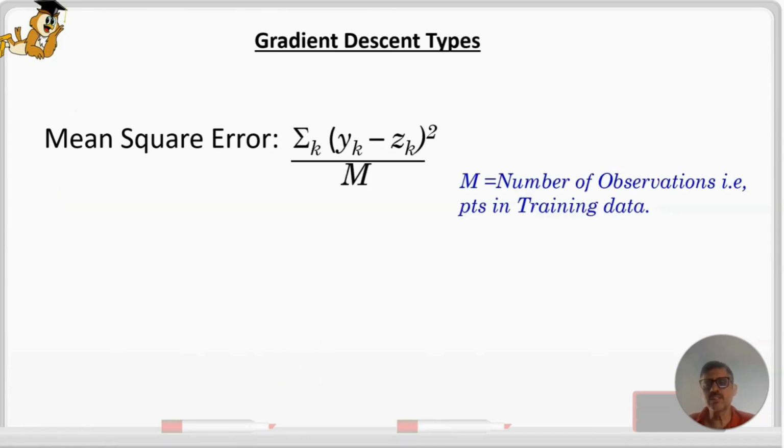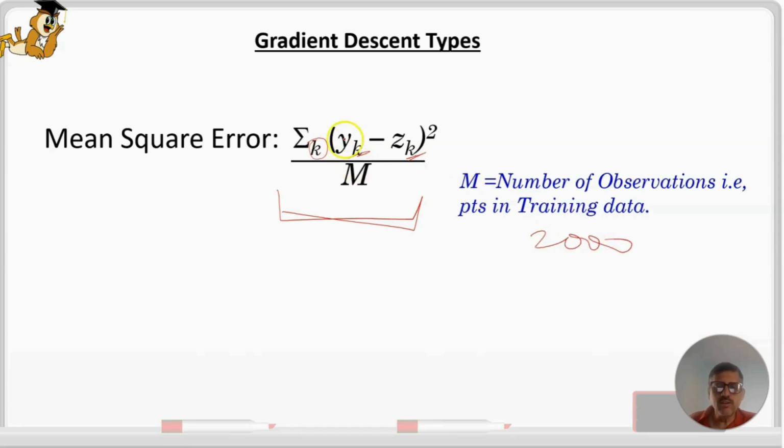We are going to discuss gradient descent types. Remember, this was our mean square error. To calculate it, we summed over k, over all the training data, the square error for each individual point. Let's say m was 2000.